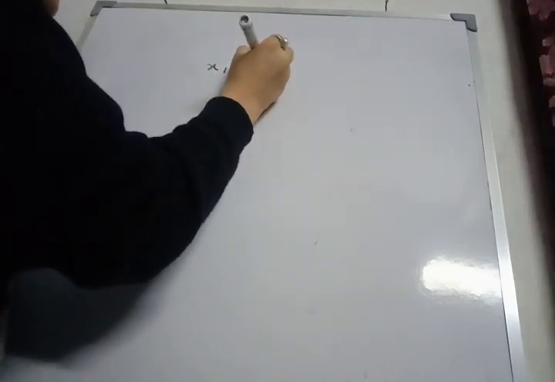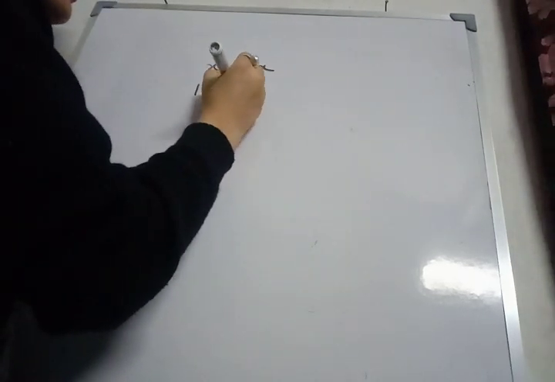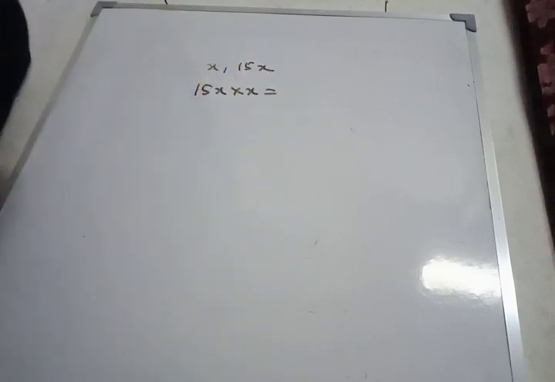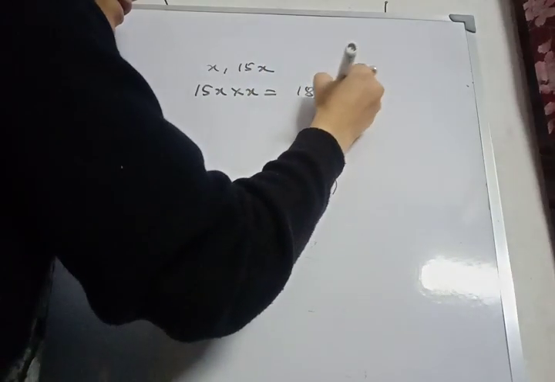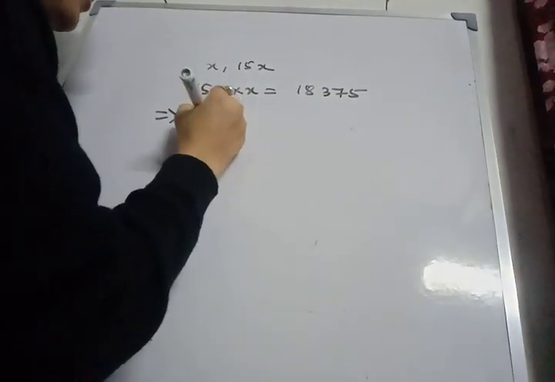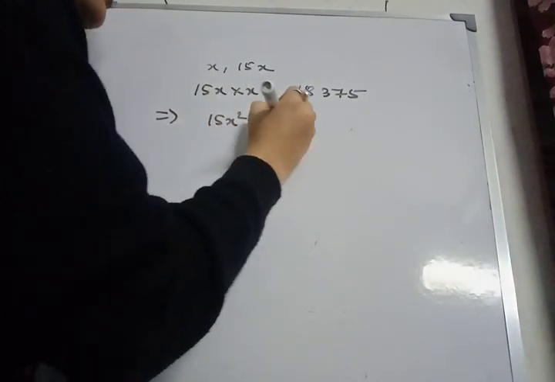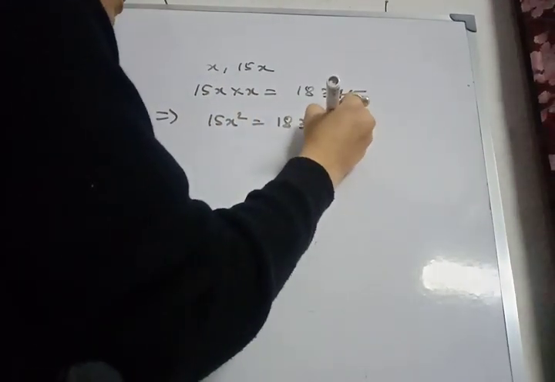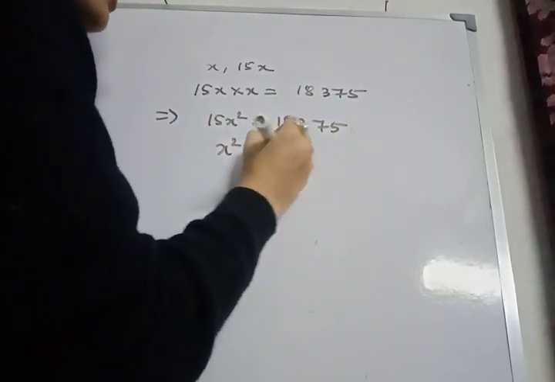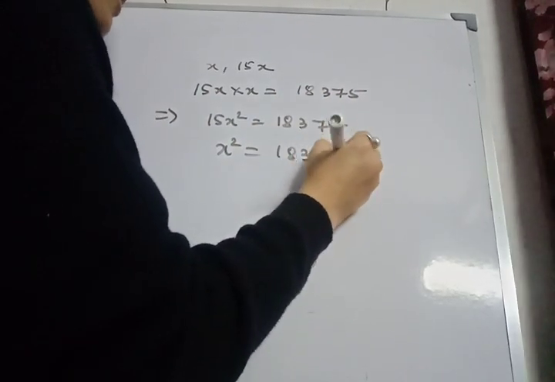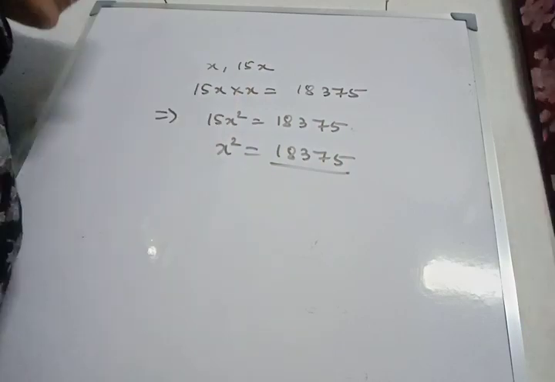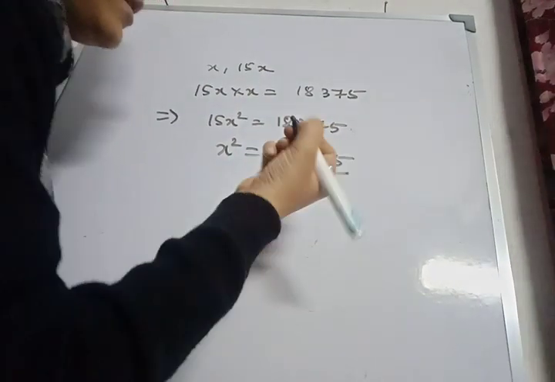So 15x into x equals 18375. 15x square equals 18375. x square equals 18375 by 15.